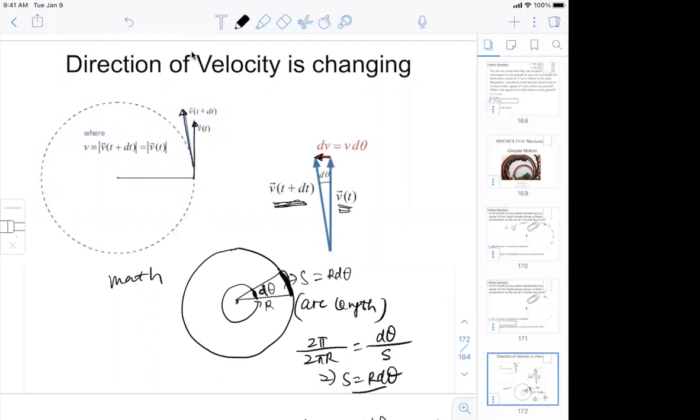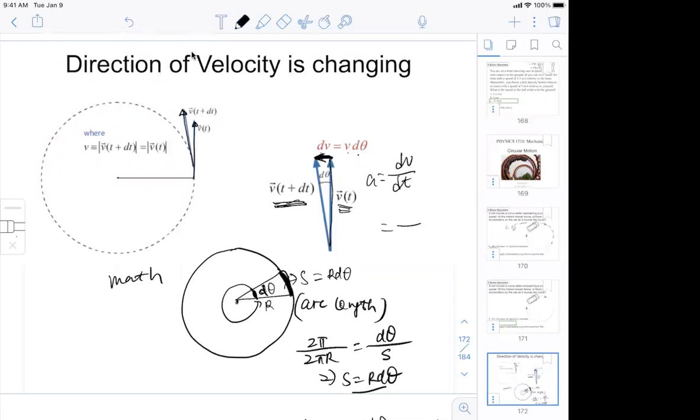So by doing that, when they are so close together, dv is kind of like the arc length, where the radius is v, times the angle d theta. So dv is v d theta. Now dv over d theta happens to be acceleration. Sorry, no. dv over dt happens to be acceleration.